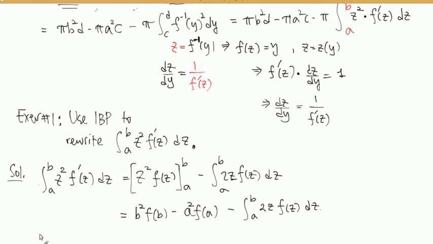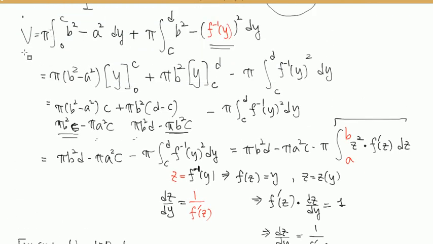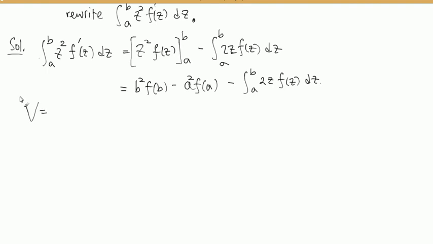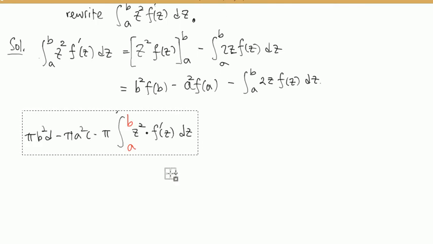And now the volume V, I'm going to copy that in here. That's the volume, right? We're working on this volume there. You can see that's the volume starting from cross-section. So our volume, using the cross-section method, is this, right? That's that.